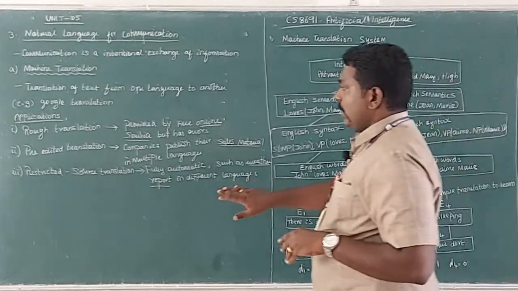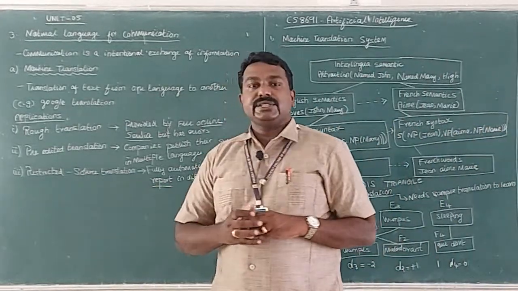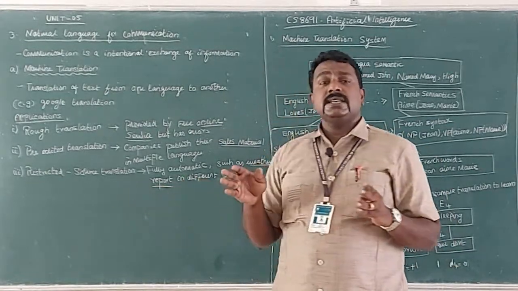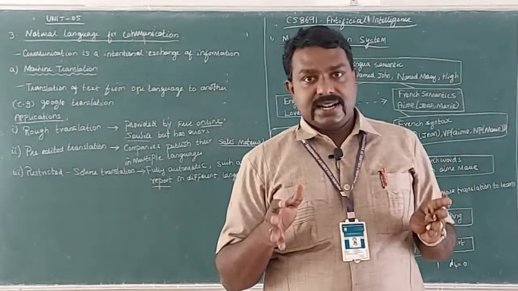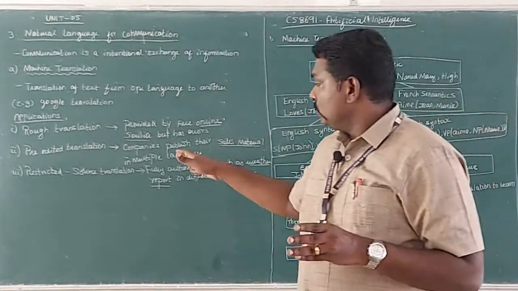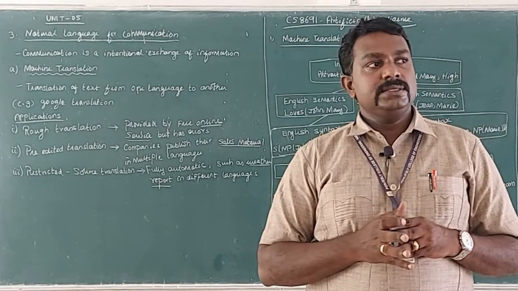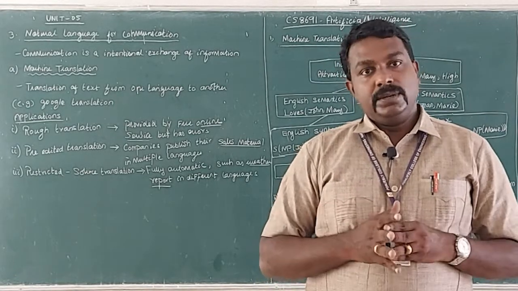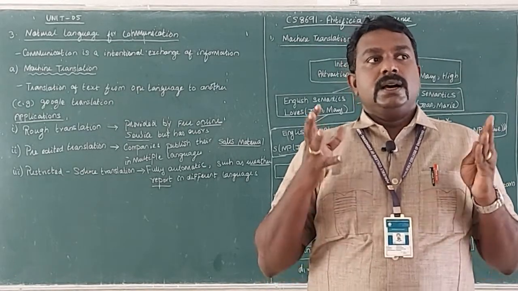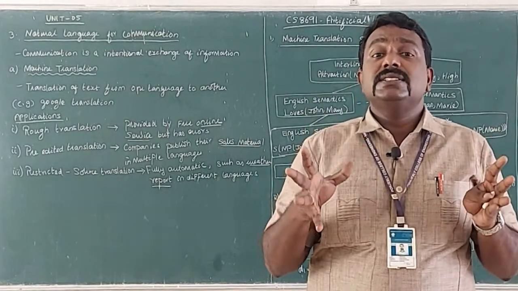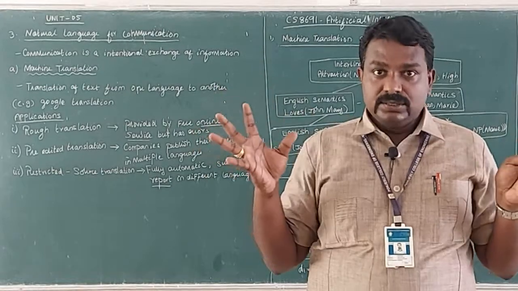And the last one is called restricted translation. Restricted translation is also called source translation, which is fully automatic. An example is a weather report. A weather report is specified in a language that is common to all.